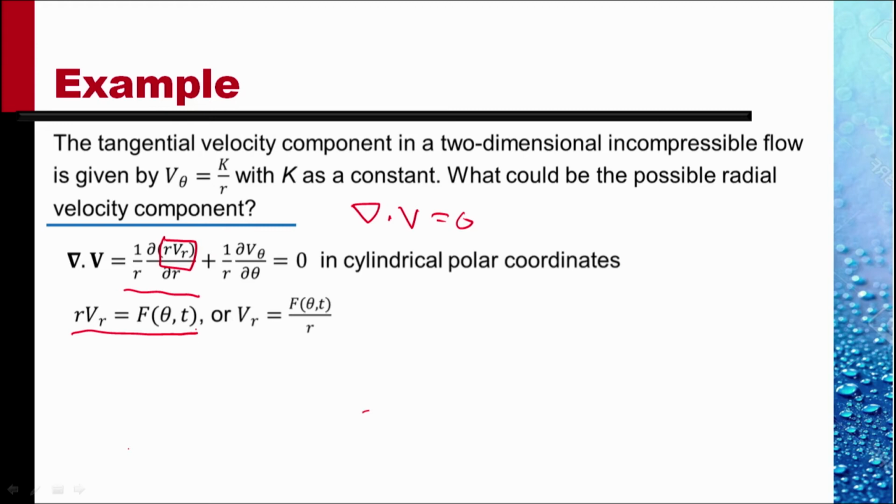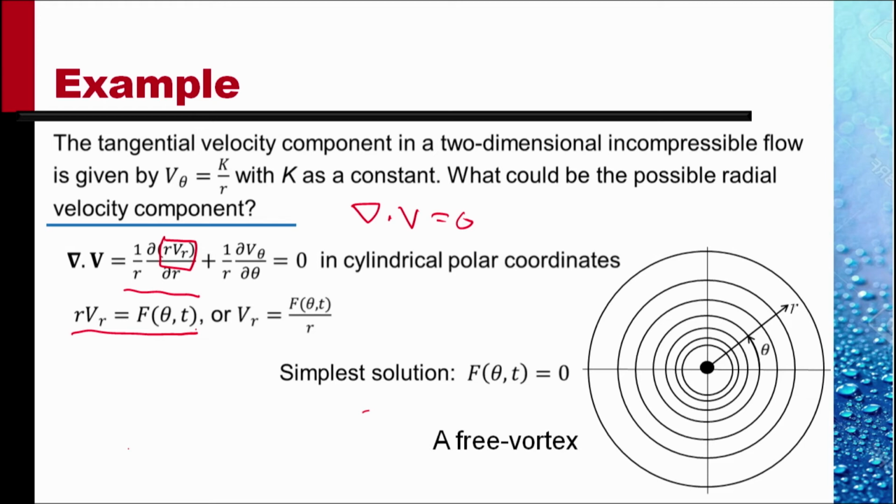If we talk of steady flow, there will be no dependence on time, so there could be a dependence on theta. All kinds of solutions are possible for this. The simplest, of course, is when f of theta and t is 0. If f is 0, then Vr is 0.